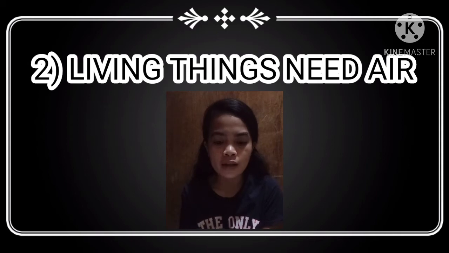People and animals need oxygen for breathing, while plants need carbon dioxide to make their own food. Both oxygen and carbon dioxide are gases that are part of the air. Without them, living things would all die.